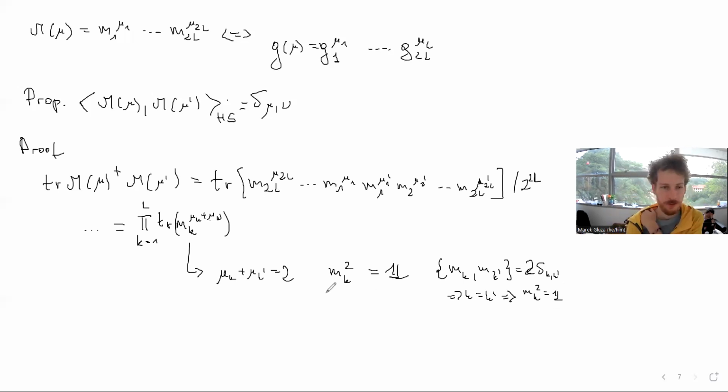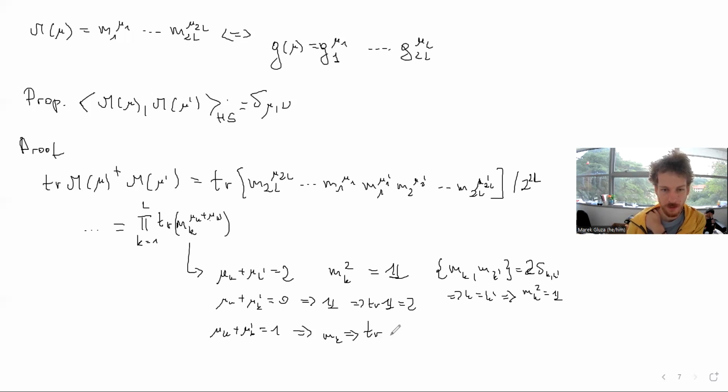So in this case, we have the identity, mu k plus mu k prime equals 0. Then we also have the identity, and the trace of identity is equal to 2. If we have mu k plus mu prime k equal to 1, then we have mk, and I was painfully deriving that the trace of mk is equal to 0, which means that we have delta mu k prime.